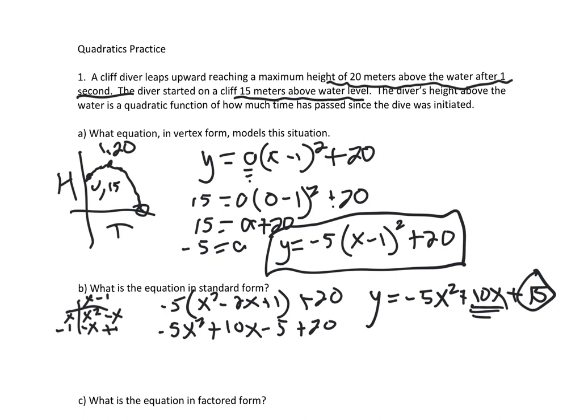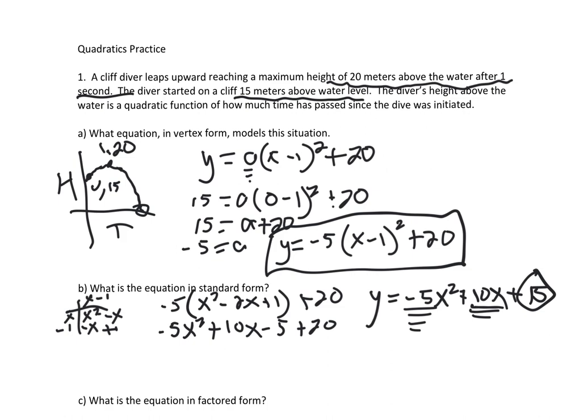If this was a negative value, that would mean the diver actually went downward without going upward first. And again, the negative 5 means that the force of gravity, in this case represented by this negative 5, is pulling the diver back to Earth.